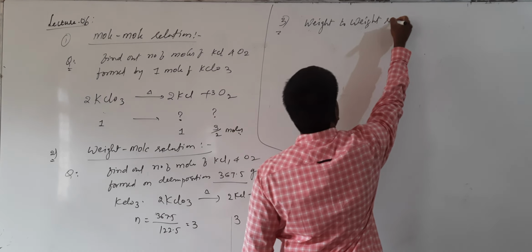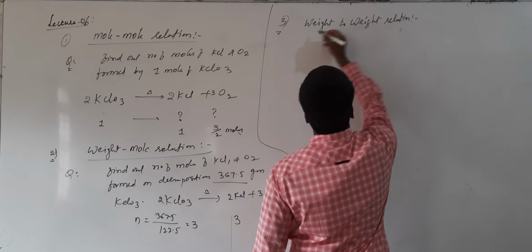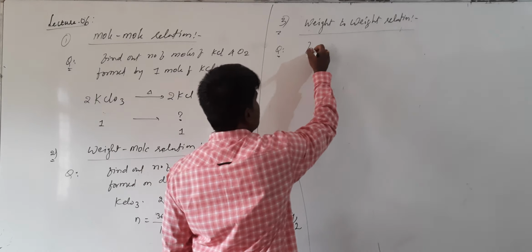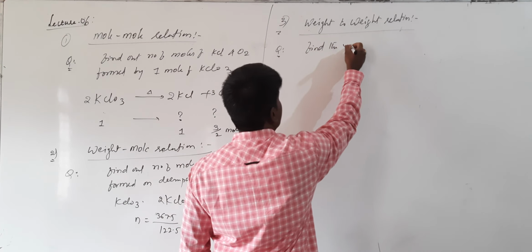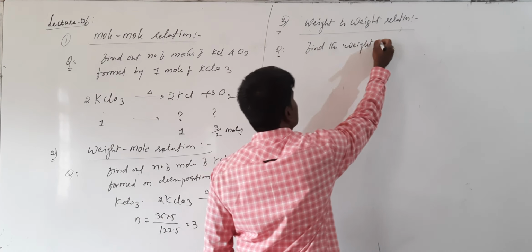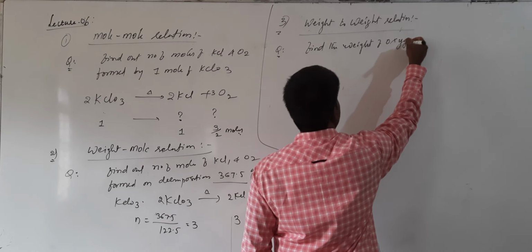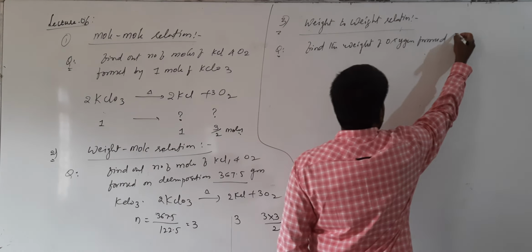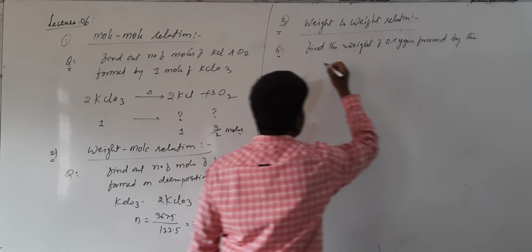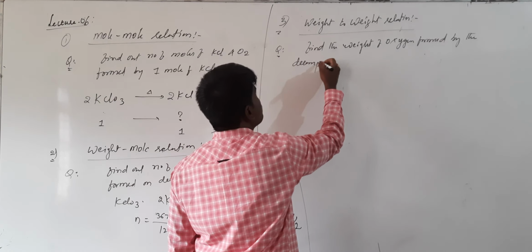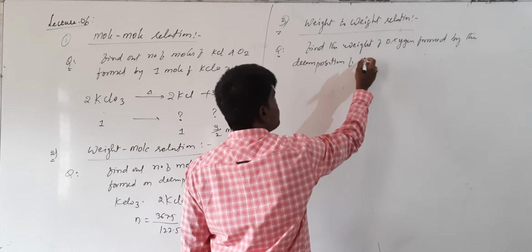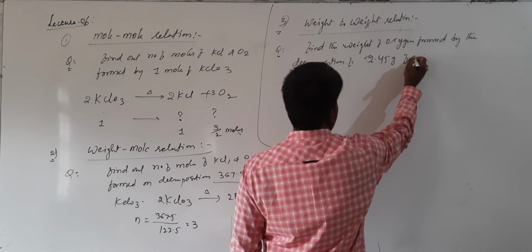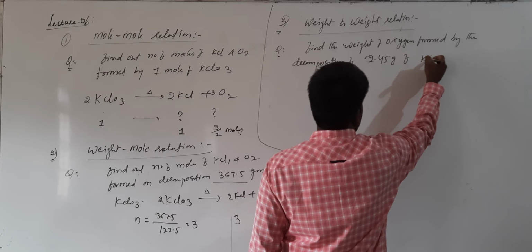Discussing with the same concept only: find out the weight of oxygen formed by the decomposition of 2.45 grams of potassium chlorate.